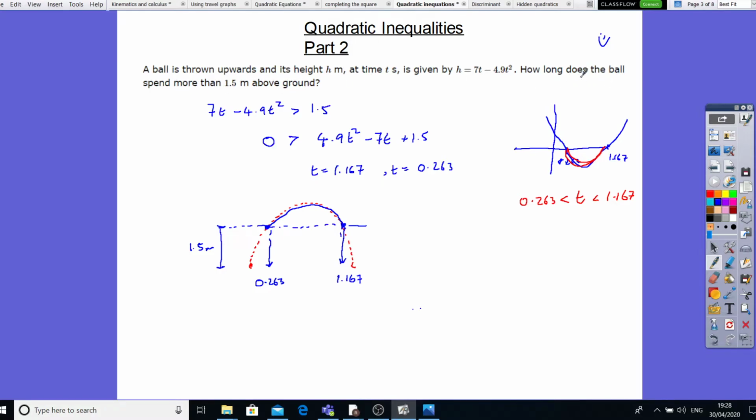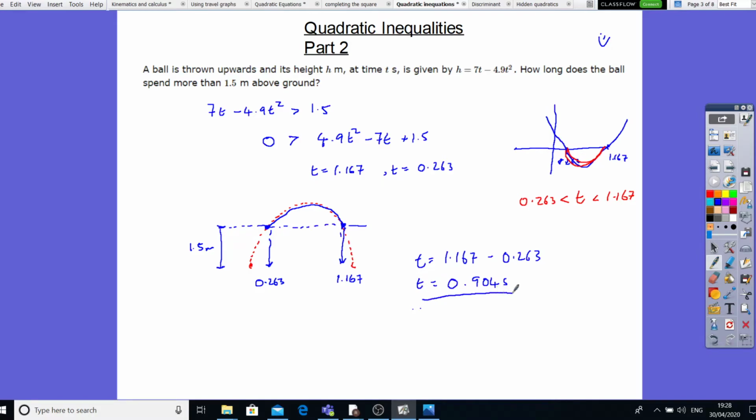Okay, so how long does the ball spend more than 1.5 meters above the ground? So the time it spends is going to be 1.167 minus 0.263, which is going to be 0.904 seconds.